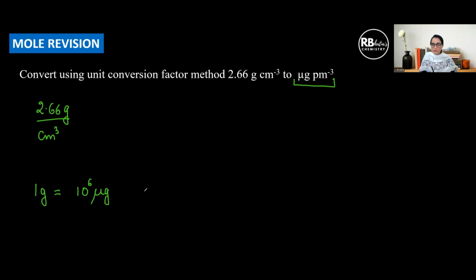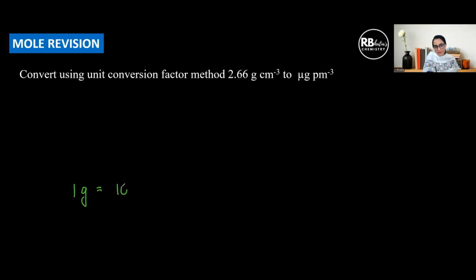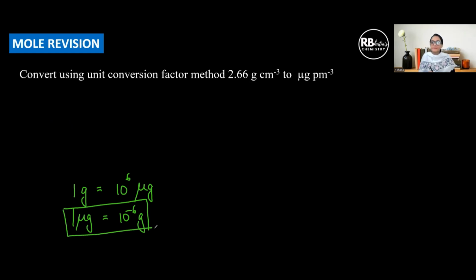And children, I also want you to understand, you commonly make a mistake with powers. You know, 1 gram is 10 to the power 6 microgram, or 1 microgram is 10 to the power minus 6 gram. This is how you are used to learning this part. So just be careful. If I ask you 1 gram, remember it's going to be a positive power.